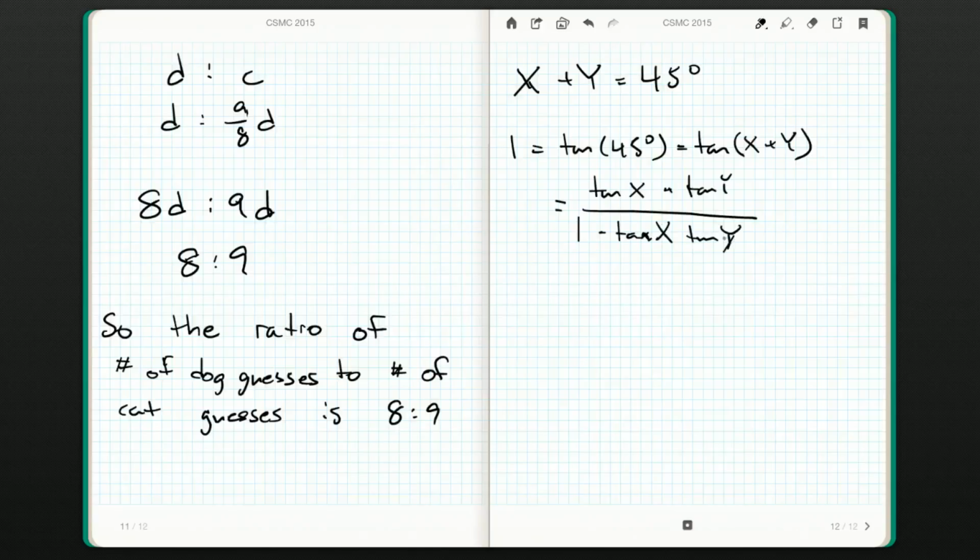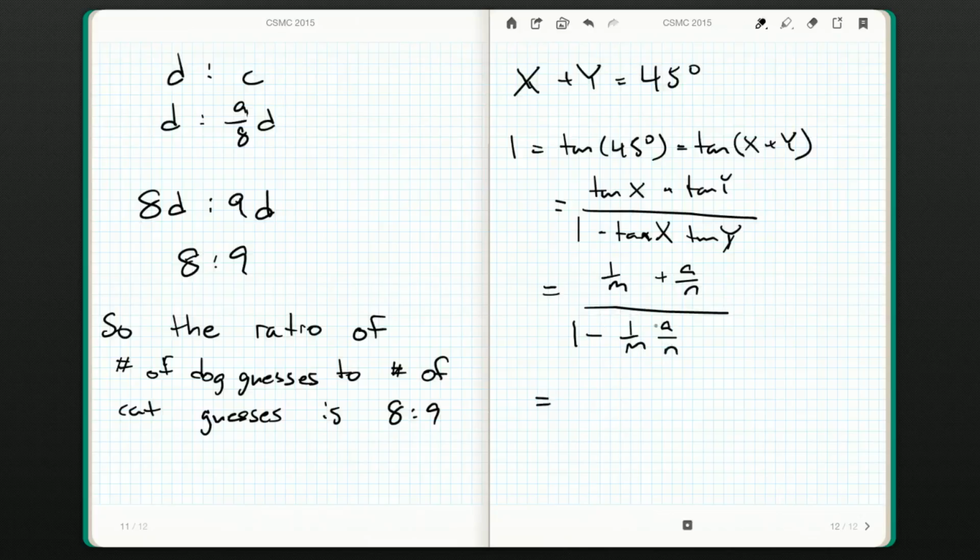But they gave us formulas for tan x and tan y. Tan x was 1 over m. Tan y was a over n. Down here we've got 1 minus 1 over m times a over n.